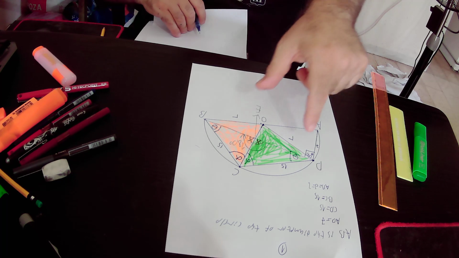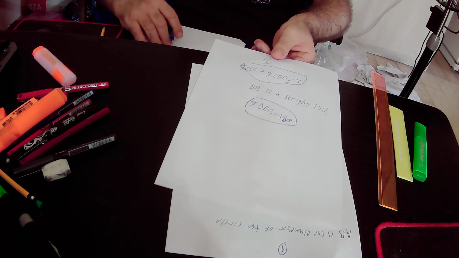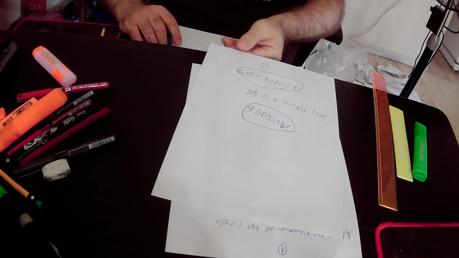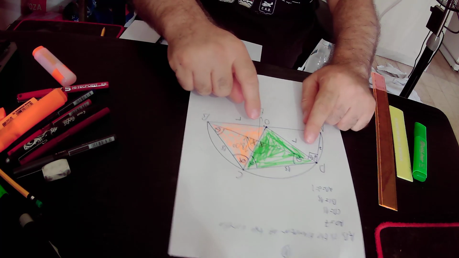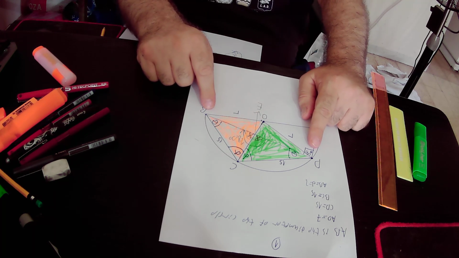That is to say, angle DEB equals 180 degrees because DB is a straight line according to our construction.